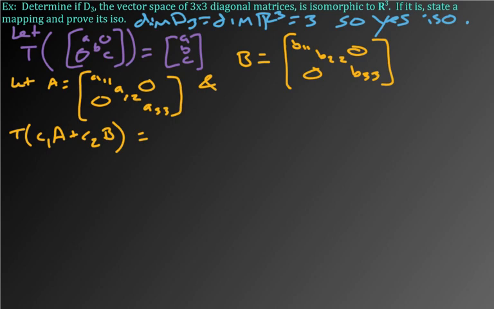I'm going to show that this will basically simplify to C1 T of A plus C2 T of B. That's the plan, okay? Because then I show all in one step that scalars can be pulled out, and the transformation of the sum of two vectors is the transformation on the sum. So that's what I want to get to at the end, so I'm not going to write it there.